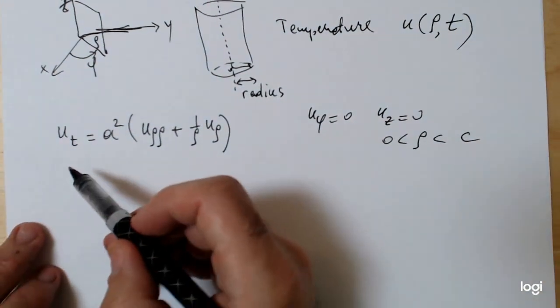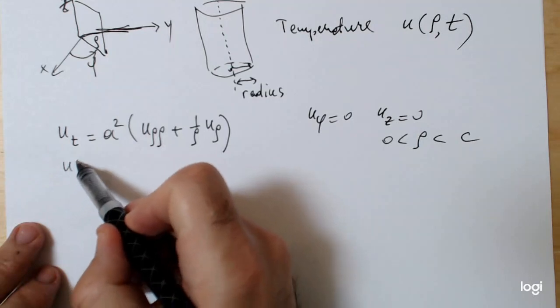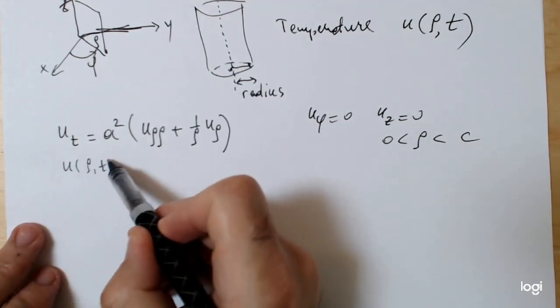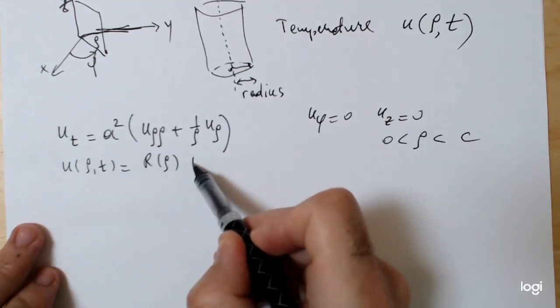So as with all problems involving separation of variables, you assume your function is a product of functions in rho and little t.